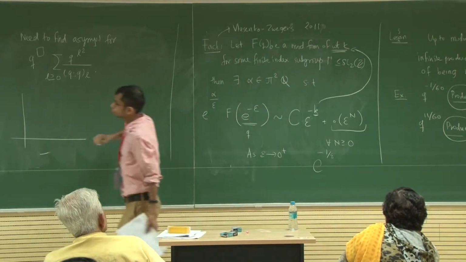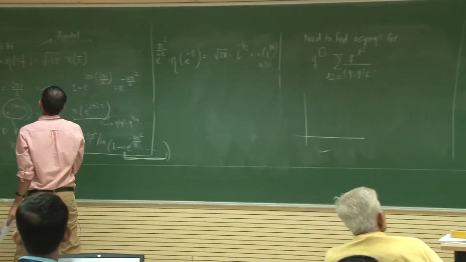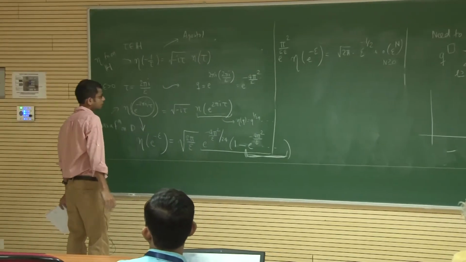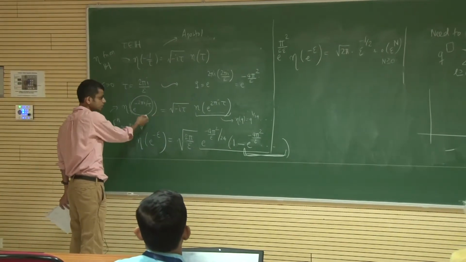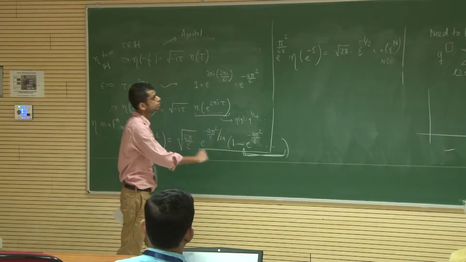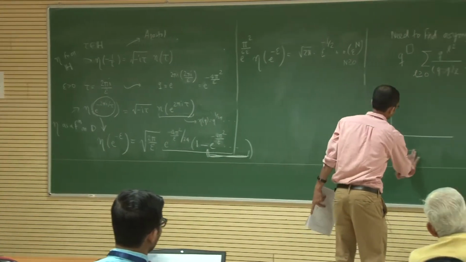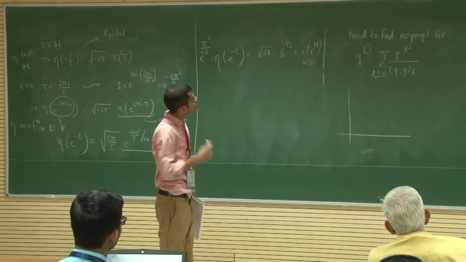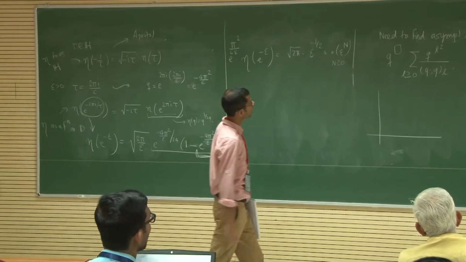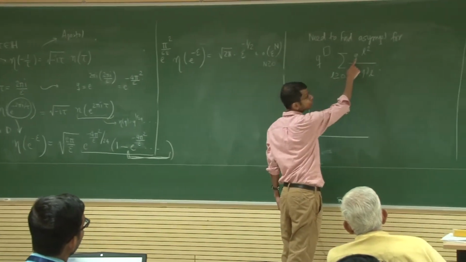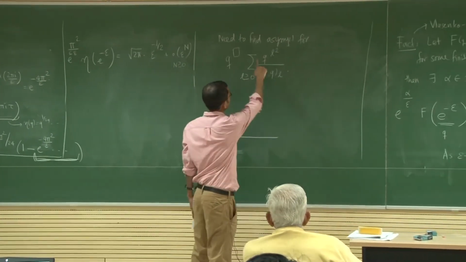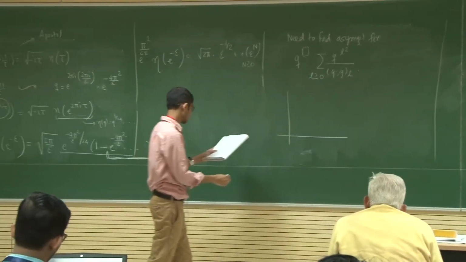Okay. It's very short. It's just this done abstractly. That's it. Okay. So I want to know what happens when I plug in values of q approaching 1. What happens to this series? So let's plug in some values.